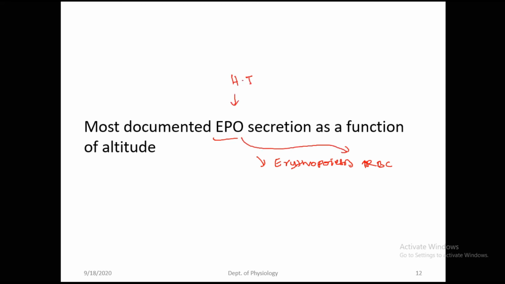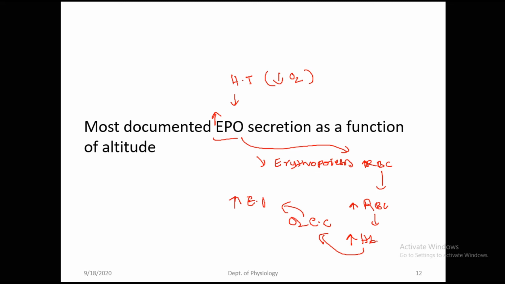Altitude training, where we expose to low oxygen concentrations, triggers the erythropoietin secretion, which stimulates the RBC production, so that increases the RBC levels in the blood, therefore increases the Hb, therefore increases the oxygen carrying capacity in the blood, so that increases the endurance performance.